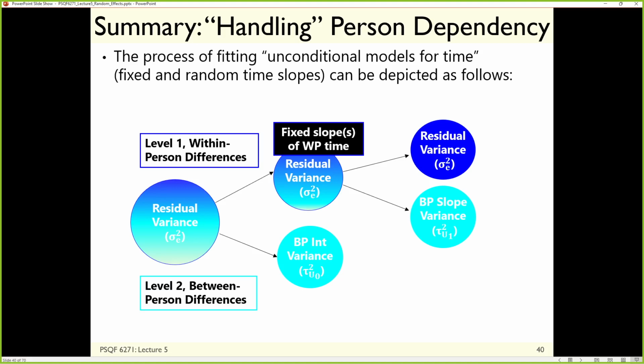Your line needs to be steeper, your line needs to be flatter, and once you adjust for that, the E's should be smaller relative to your new, better fitting line. So part of what was attributed to level 1 residual time-specific variance is actually not time-specific. It's time general, because this person has this general tendency that's playing out across all their data. It's a person characteristic. So we extract that person characteristic, and that shows up at level 2.